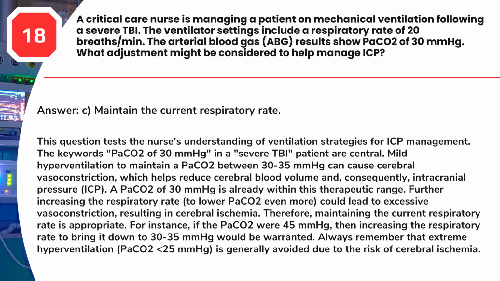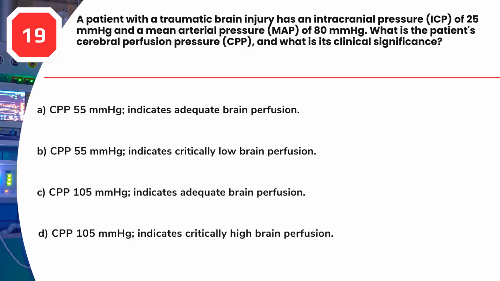Question 19. A patient with a traumatic brain injury has an intracranial pressure, ICP, of 25 millimeters of mercury and a mean arterial pressure, MAP, of 80 millimeters of mercury. What is the patient's cerebral perfusion pressure, CPP, and what is its clinical significance?